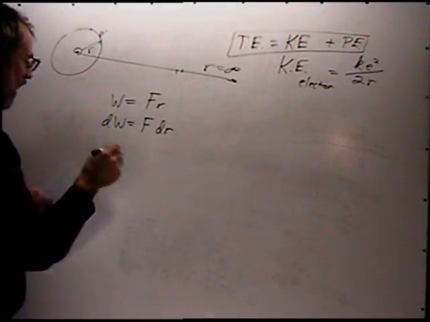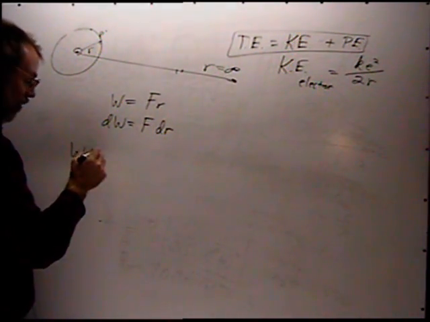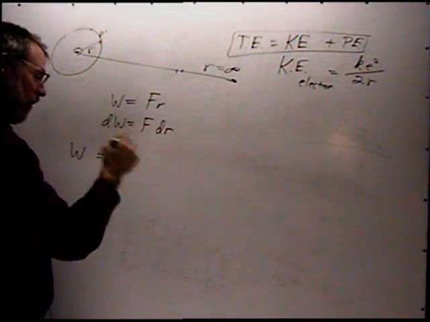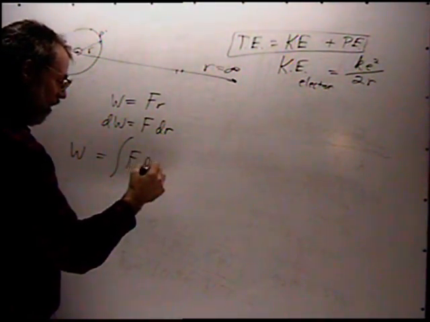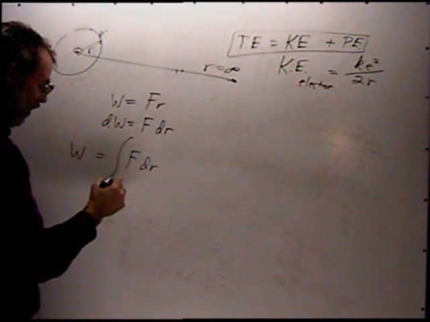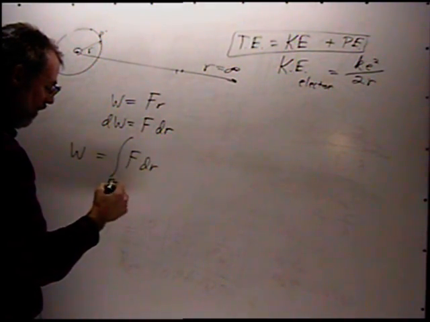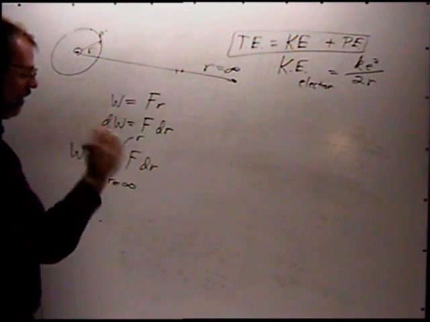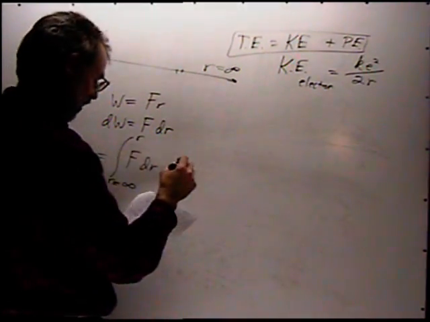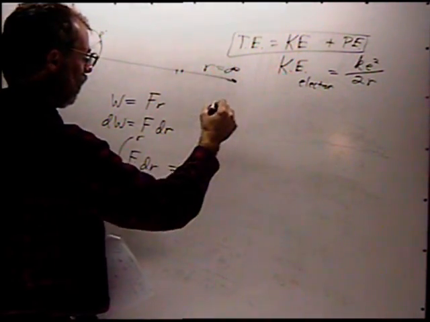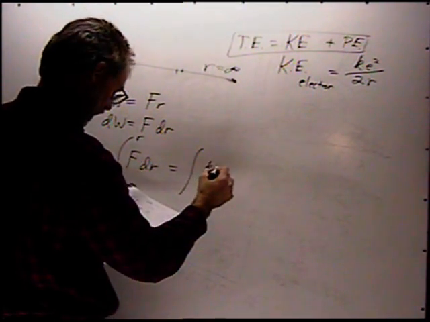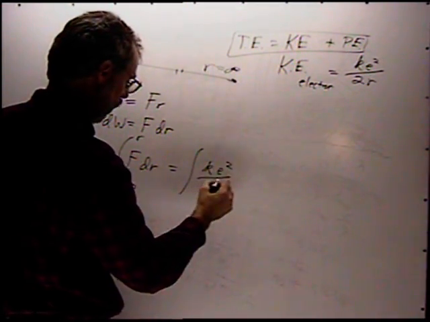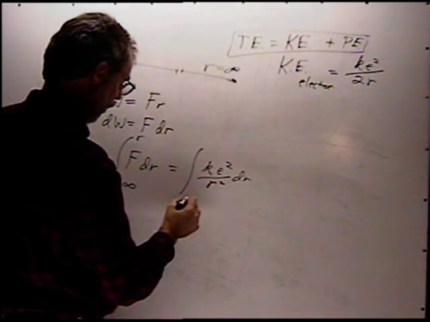And so the total work, or the total potential energy, is where we integrate that force over r, with limits from r equals infinity to r. Here's where the calculus comes in. And the force here is simply the Coulomb force, K E squared over r squared dr.